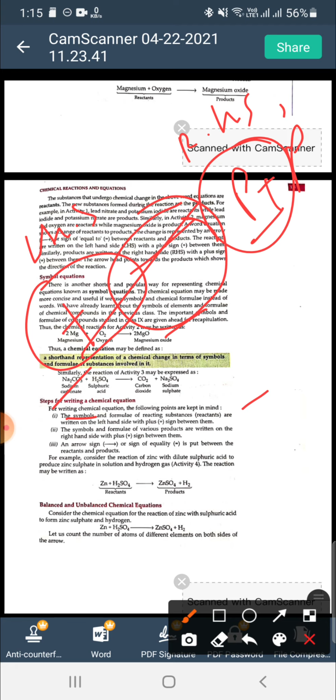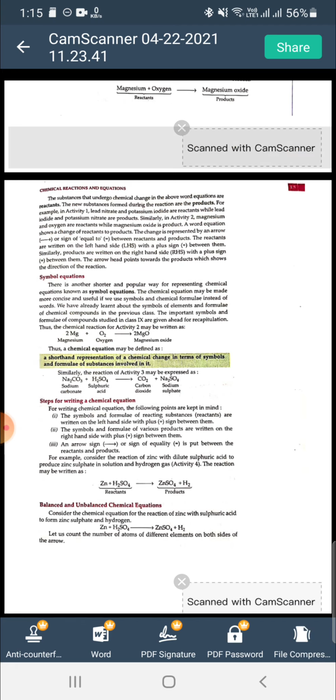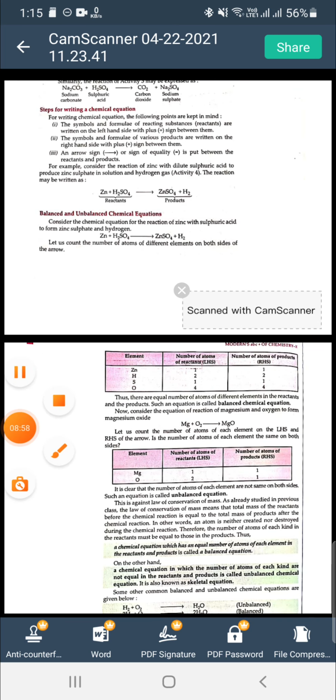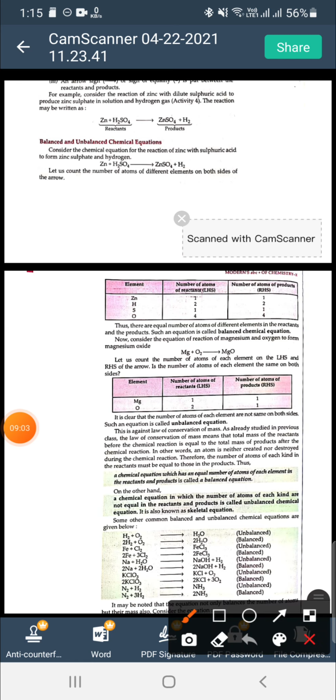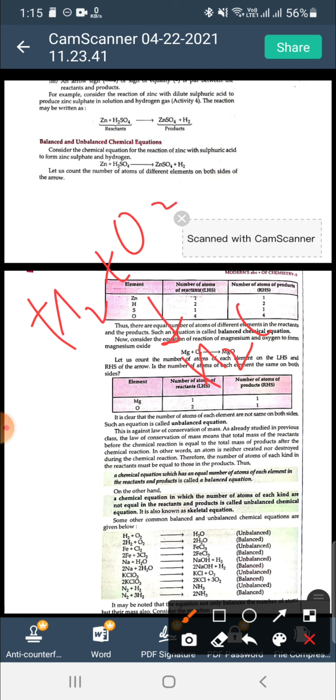Next one is balanced and unbalanced chemical equation. If we take an example, let us suppose H2 plus O2 gives you H2O. Here, as you can see, there are 2 sides, left hand side and right hand side. On the left hand side, there are 2 hydrogen atoms, and on the right hand side 2 hydrogens.